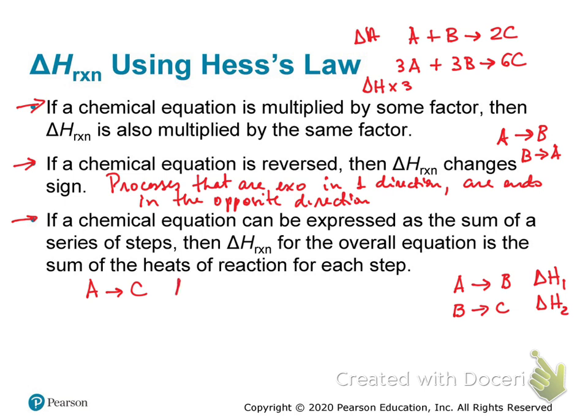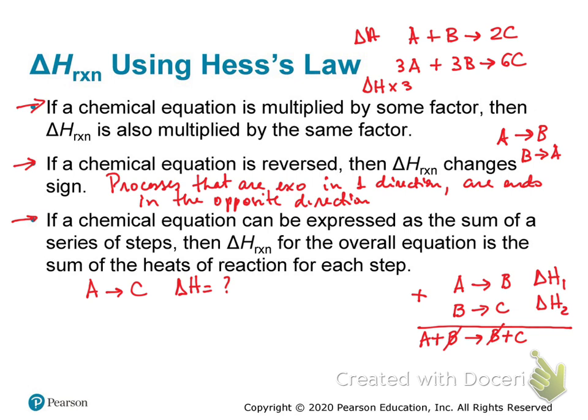What if I want to know the enthalpy of A going to C? I want this enthalpy here. What is this energy? And so I can actually sum what I have been given. I can sum A to B with B to C. So when I sum these equations, I get A plus B on the left, I get B plus C on the right, the B cancels out.